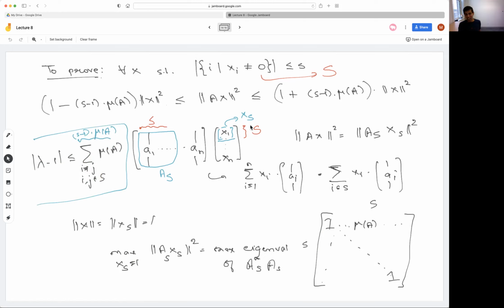Because of that, the length of A times X is at most 1 plus some small error times the length of X. You can check that the same is true for the lower bound. Okay, that's just one application of it. I'm sorry I went a couple of minutes over. Let me stop here. Feel free to ask me if there are any questions, and I'll stay on for some time after the lecture.